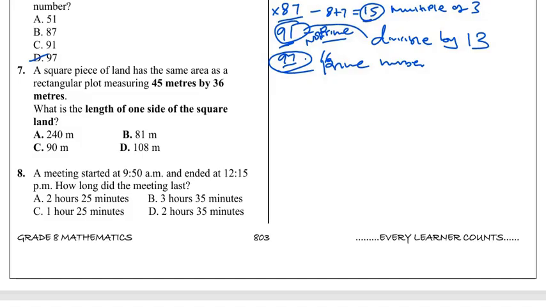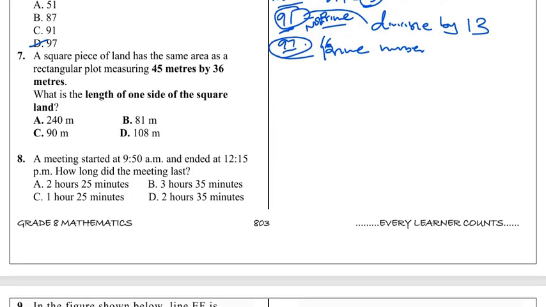7. A rectangular piece of land has the same area as a rectangular plot measuring 45 by 36 meters. What is the length of one side of the square? So we have a square piece.